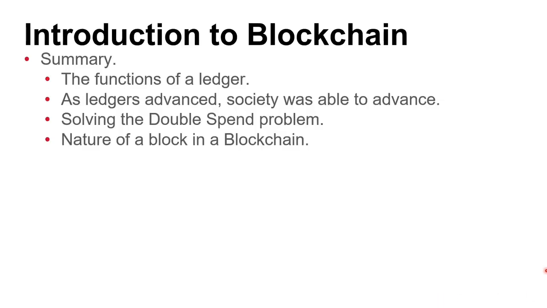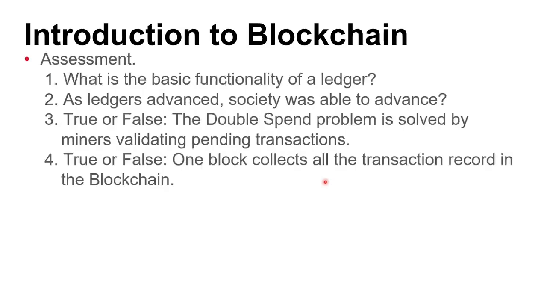And so what we really talked about is the function of the ledger, a brief history of how ledgers advance society, and how Bitcoin addresses double spending and the nature of a block. So please go in and take a look at this assessment a little further, and maybe we could talk about a little here.